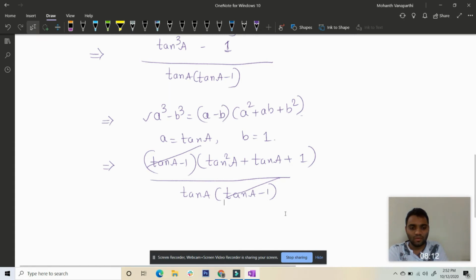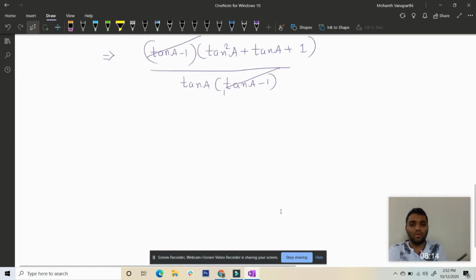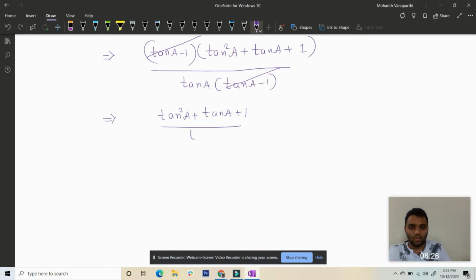After doing that, we have only tan square A plus tan A plus 1 in the numerator, and in the denominator we have tan A. Now I am distributing this tan A to all the individual terms in the numerator.